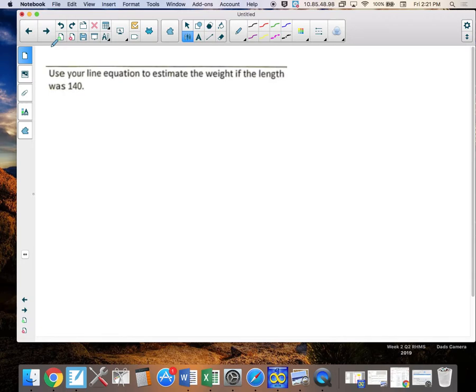The last two questions ask us to find two numbers based on the line equation. So our line equation was 40 over 73x plus 6. In this case, they're asking about length. Length was 140, I'm sorry, 140.